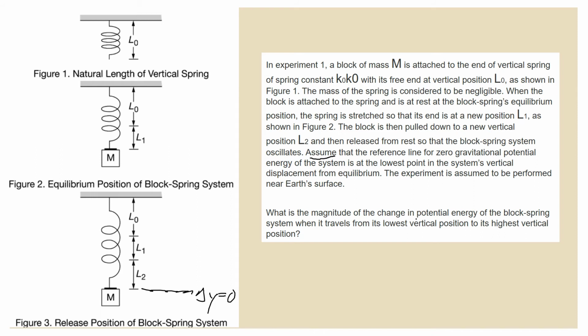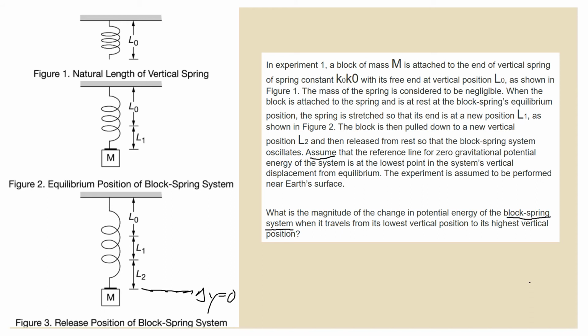It says, what is the magnitude of the change in potential energy of the block spring system? They screwed us. The block spring system does not include the Earth. And because the block spring system doesn't include the Earth, gravitational potential energy does not factor into that. They screwed us. This is a confusing question. Let's make that perfectly clear.